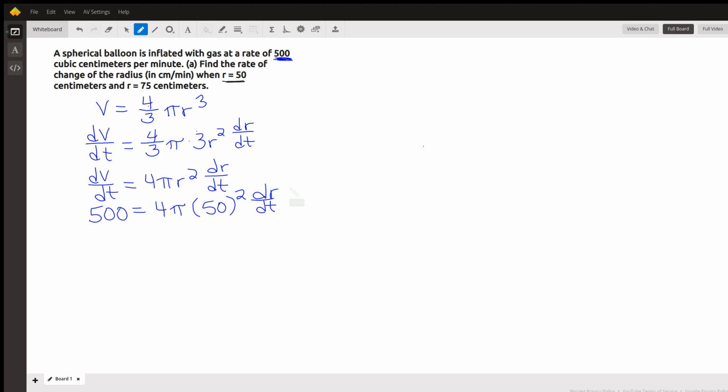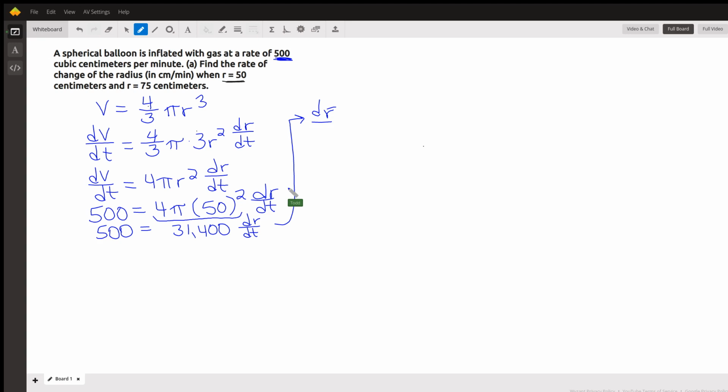To find the answer to this problem, all we do is multiply all the constants together. The left side is 500. On the right side, we multiply 4 times pi times 50, and I know I approximated, but I got something close to 31,400. You still have dr/dt.